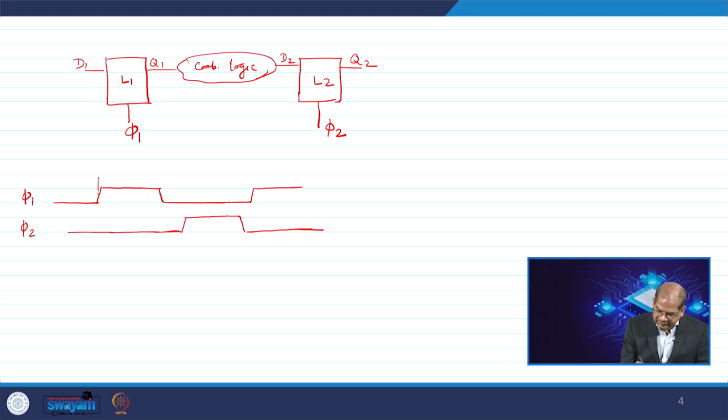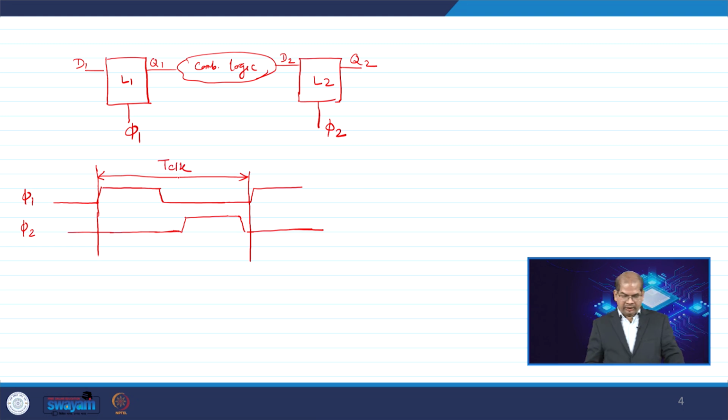Now, this edge to this edge is your T clock. Here to here, this edge to this edge, this time is T clock by 2.